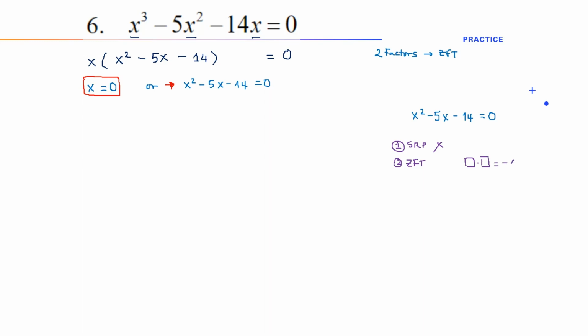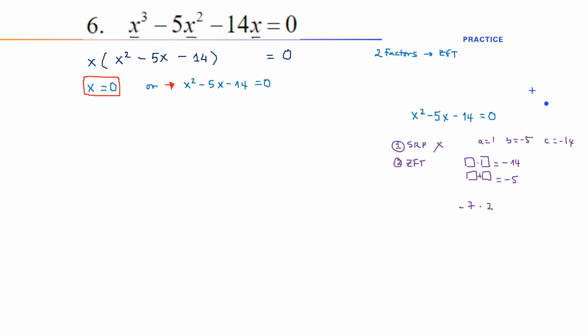So a equals 1, b is negative 5, and c is negative 14. We need two numbers that multiply to negative 14 and add up to negative 5. We can have 7, negative 7, and 2. They add up to negative 5.